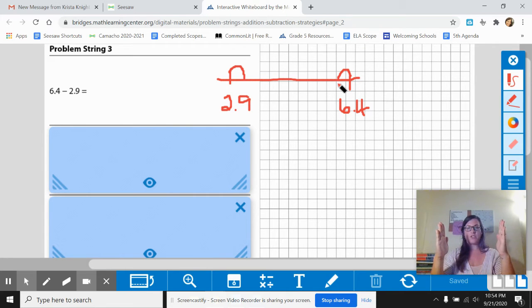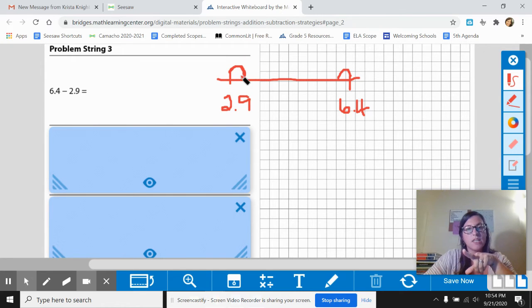Instead, what I have to do is I need to shift both numbers the same way, this way or this way, but I cannot lessen or widen this amount. So instead, if I want to get this to 3, I can totally do that. I can add a 10.